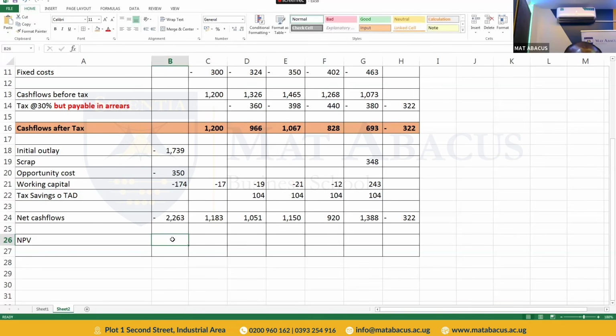The net NPV is the sum of those present values. That is your NPV. So now we go and get the profitability index.